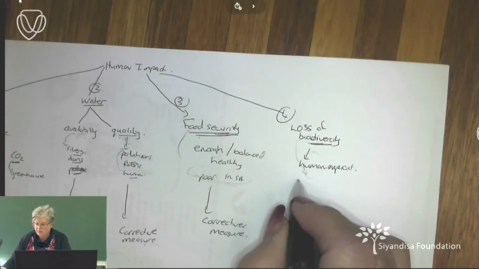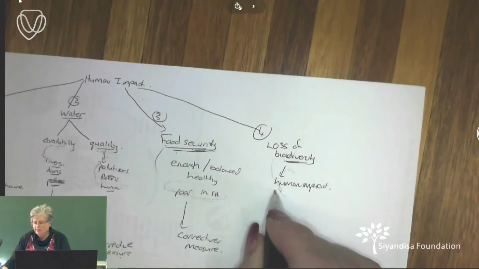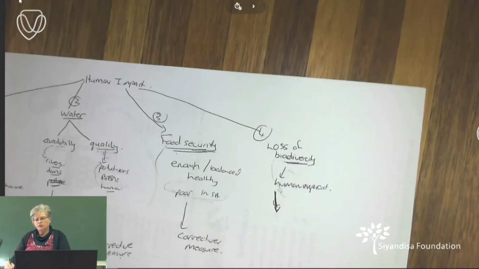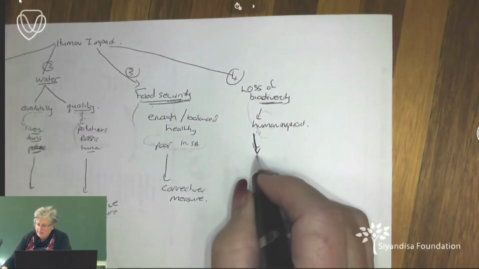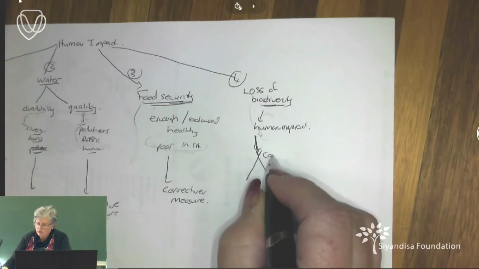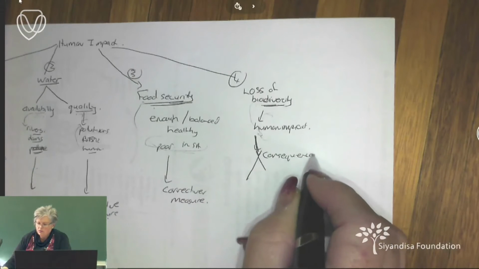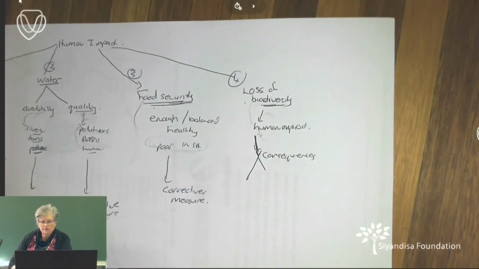Then here, what is important for you as level 7 candidates is that we must know the consequences. What are the consequences of the loss of biodiversity?